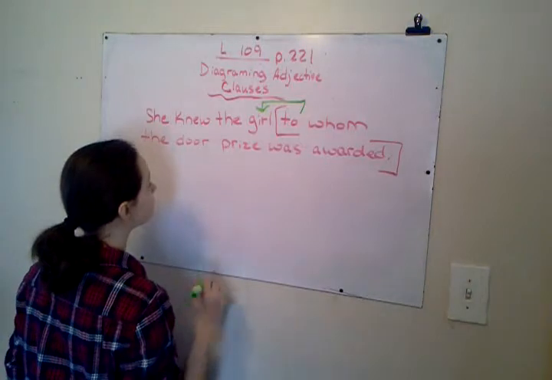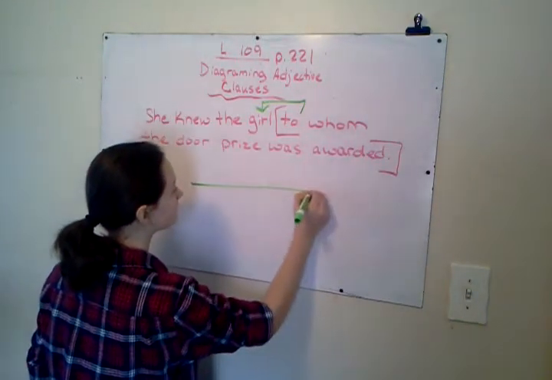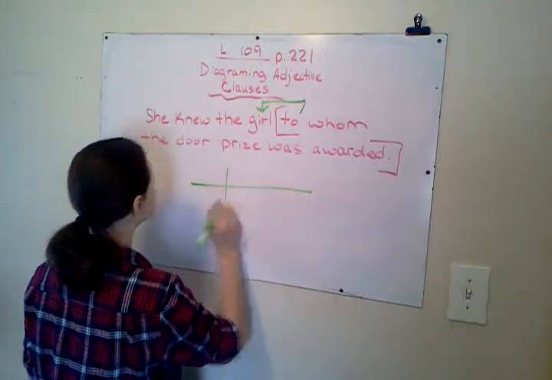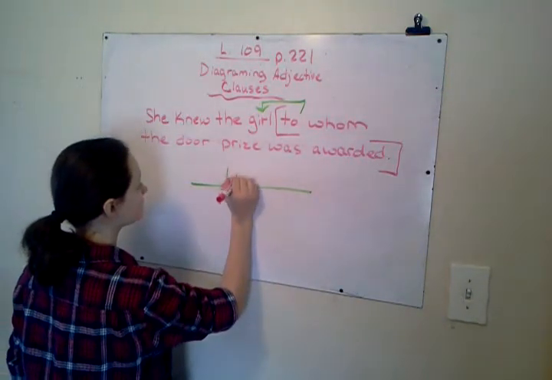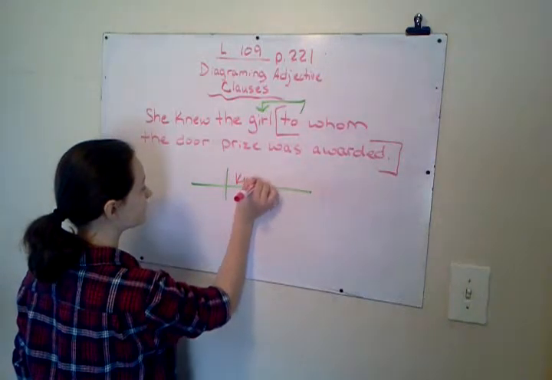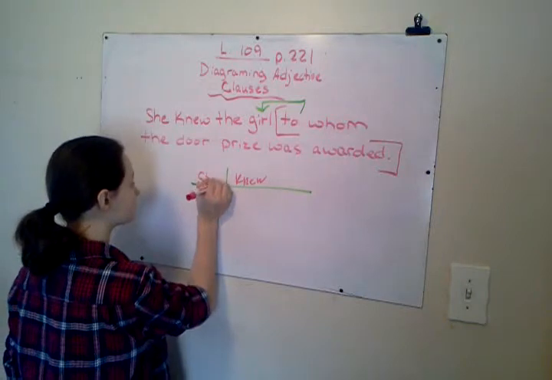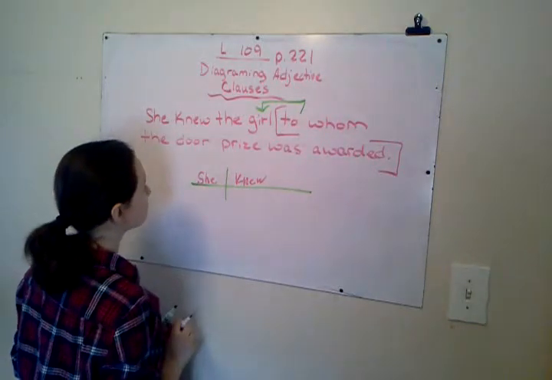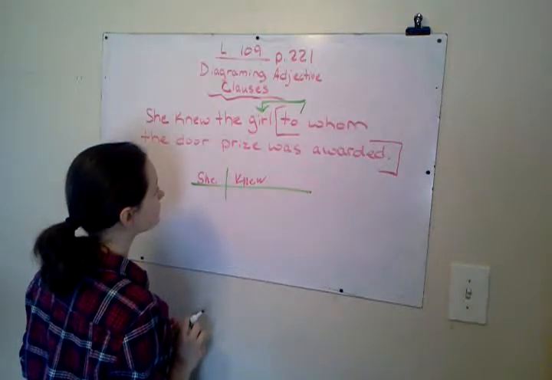Now, we're going to diagram the main sentence. Let's start with the subject and verb of the main sentence. The verb is knew. To find the subject, we ask ourselves, who or what knew? She knew. She knew who or what. So we have a direct object. She knew who?